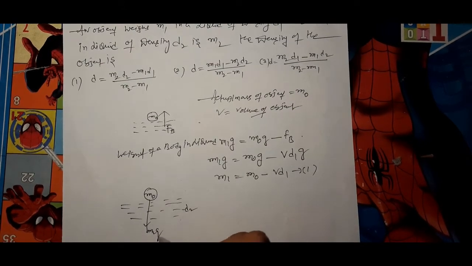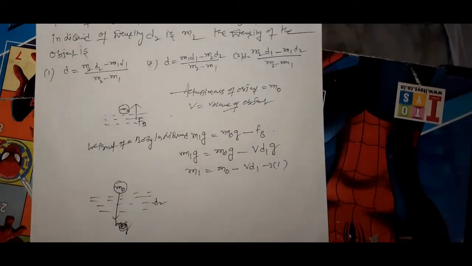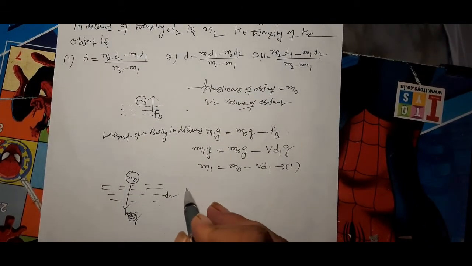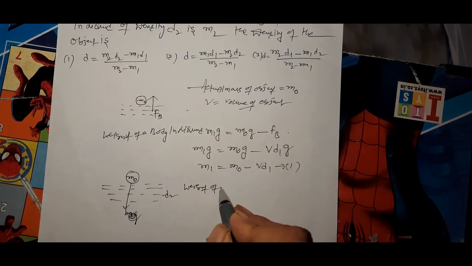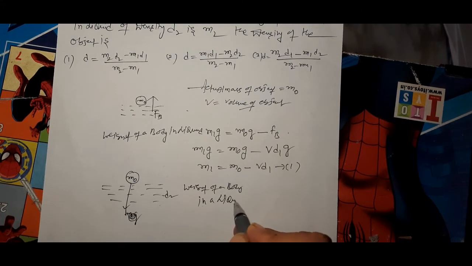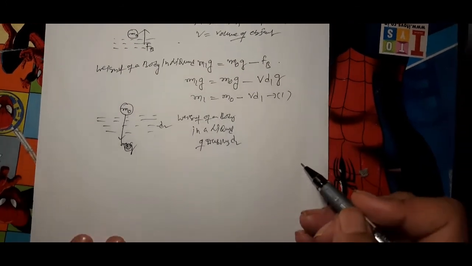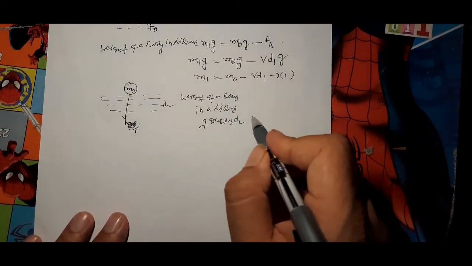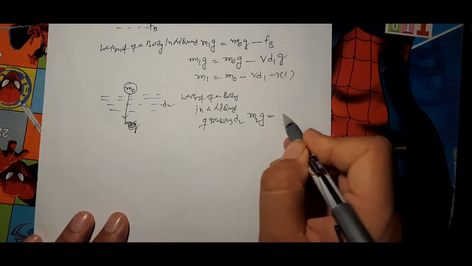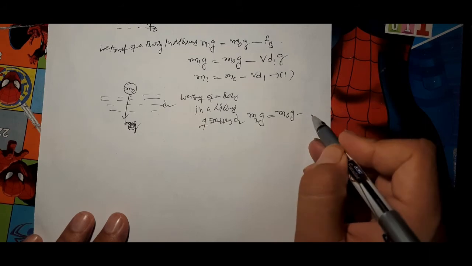So the weight of the body in a liquid of density d2, m2g, is equal to the real weight m1g minus the buoyancy force.